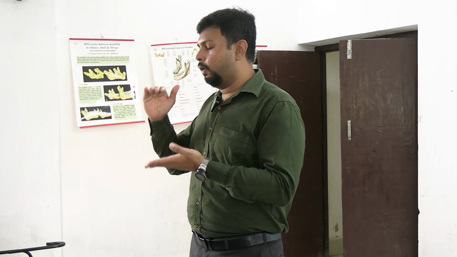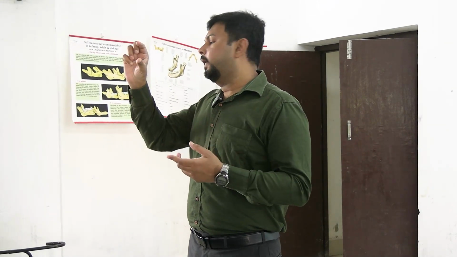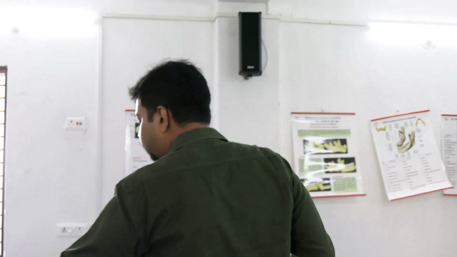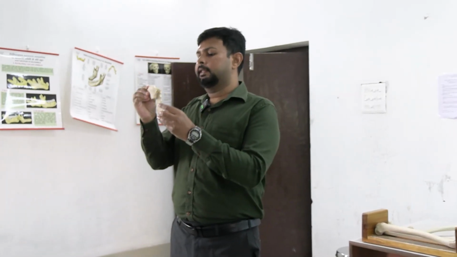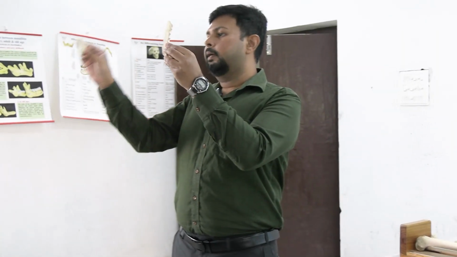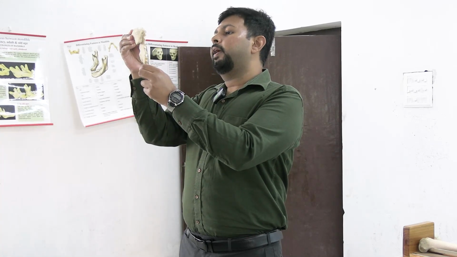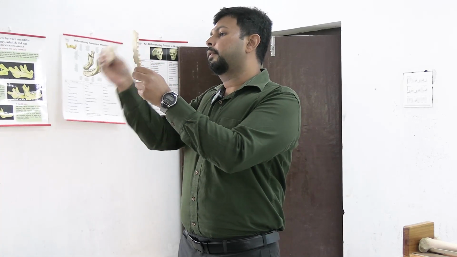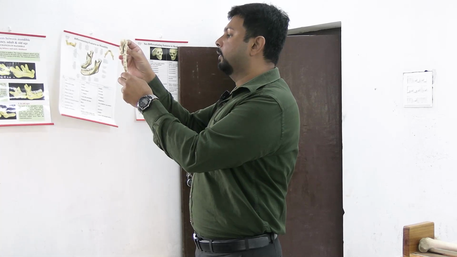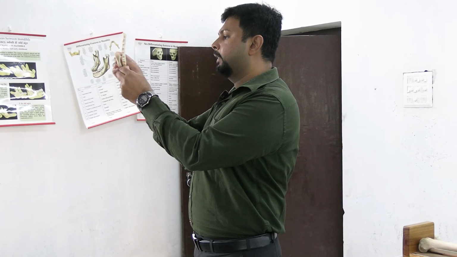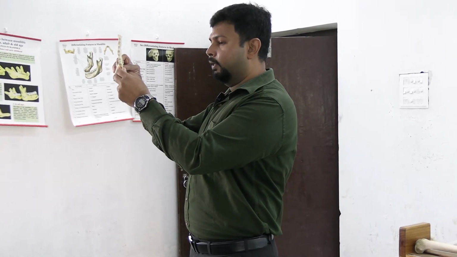So how much longer? Suppose this is the manubrium, and this is the body. If I keep this manubrium over the body, forget about the xiphoid, and then again keep another part over here, where it is ending, you see it is exceeding, right?